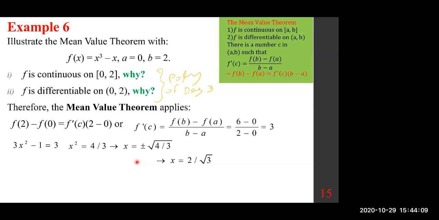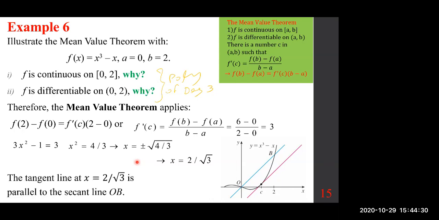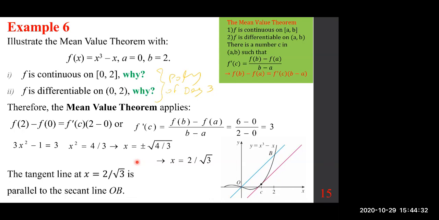Do you have to rationalize it and write it as 2 square root of 3 over 3? It's not a big deal. But you graph this, and it looks something like this. Y equals x cubed minus x. And the tangent line at x equals 2 over square root of 3 is parallel to the secant line OB.